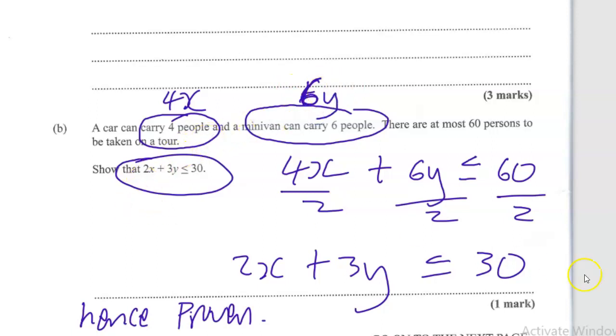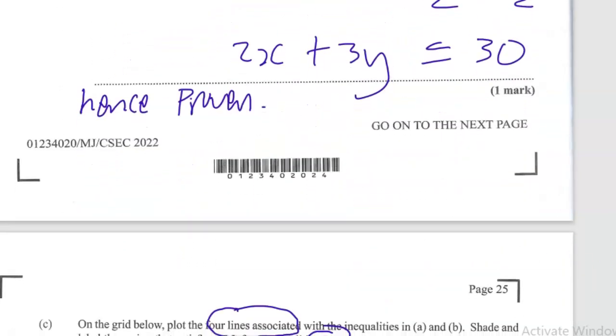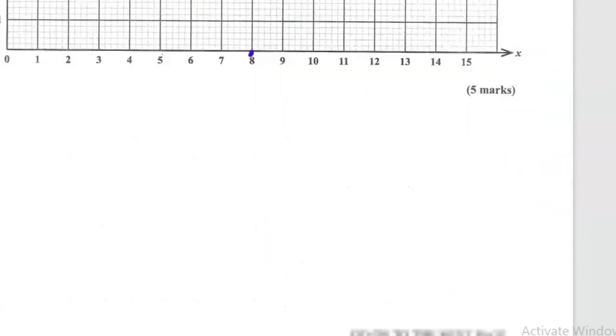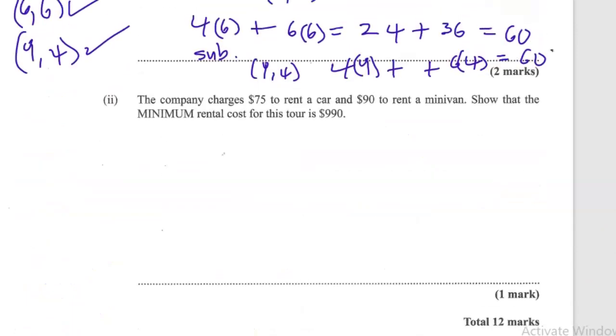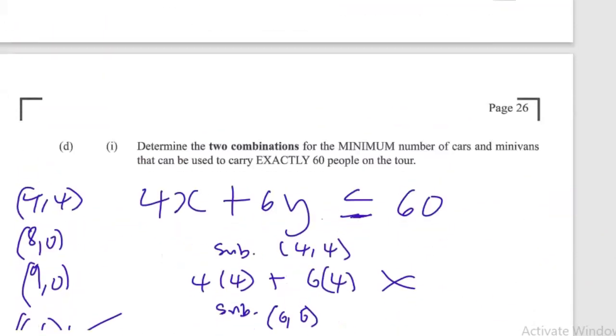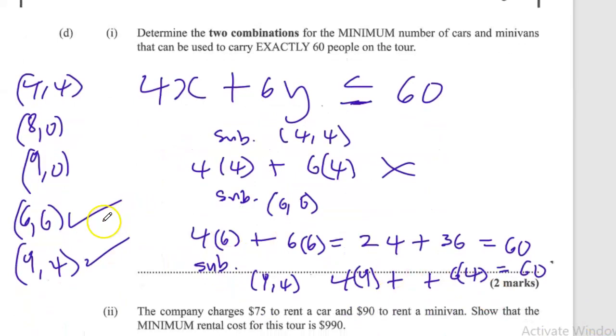Alright, so the combinations we have here, where are they again? So 6, 6 and 4, 4 will ensure we have exactly 60 persons. 6 persons in the car, 6 persons in the minivan will give us 60 persons, 9 persons in the car, 4 persons in the minivan will give us 60 persons also.